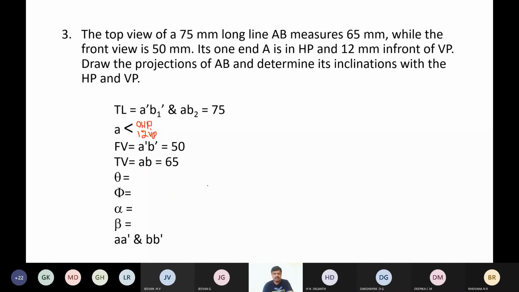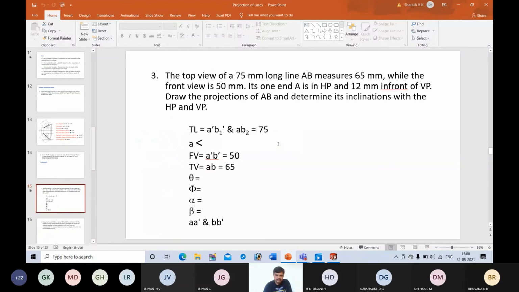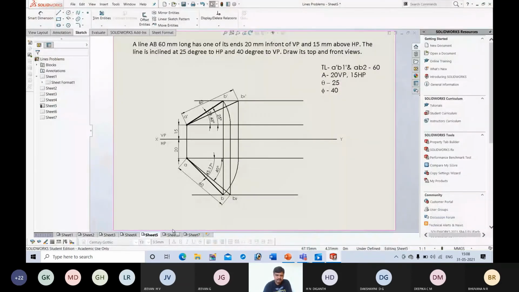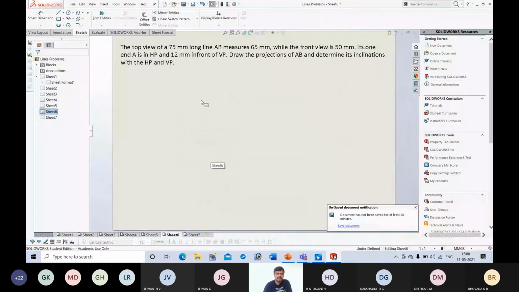I will explain with the help of SolidWorks. Same problem. First we should note down the given data.